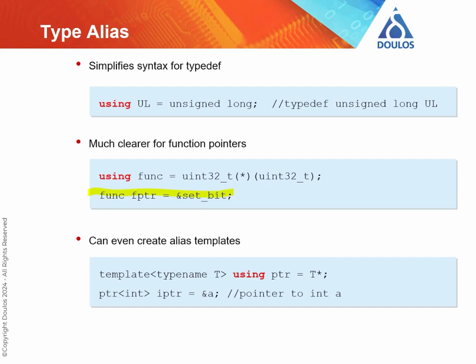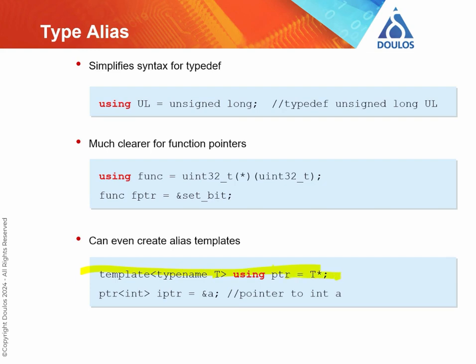If you like creating generic code, we can even use the alias as a template. Okay, so in this case, we've got a template parameter T, and we're saying that ptr is going to be a pointer to T, whatever T happens to be. T is just some type.